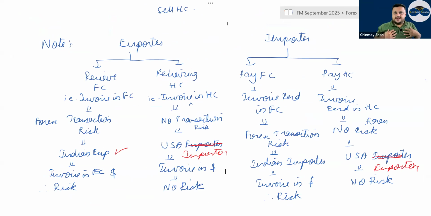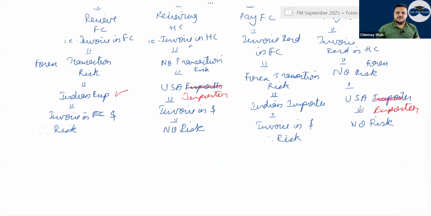If I'm an Indian exporter and I'm doing billing in dollar, then foreign currency risk is with me. But for the USA importer in this case, there is no risk, correct or not? The other way around, I am an importer in India and the invoice that I received from a USA exporter is in dollars. That means I am facing the foreign currency risk. He is going to receive. He does not have any foreign currency risk, correct or not?